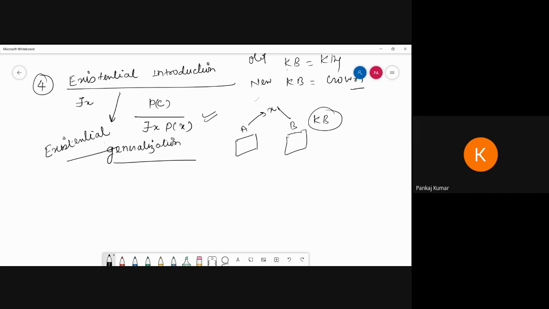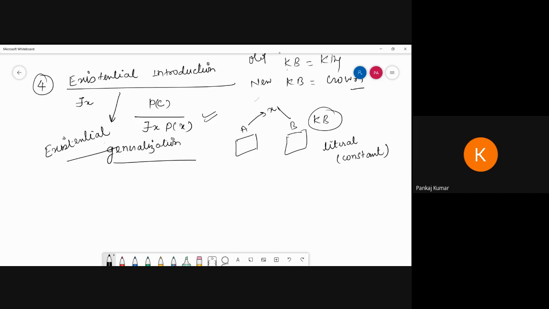Okay, so unification we can explain with the help of first order logic substitution. We can take two literals as input and make them identical using substitution. What is the meaning of literal here? That means we have to use two constants.